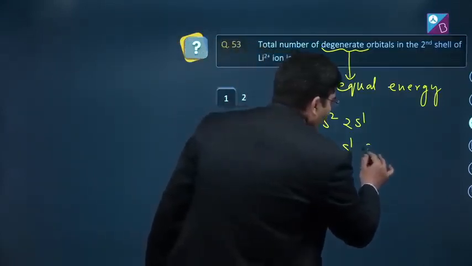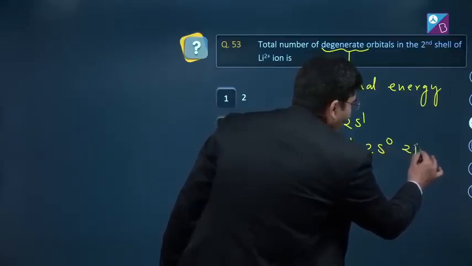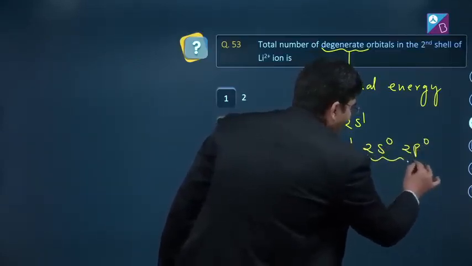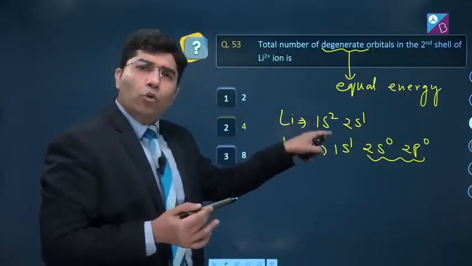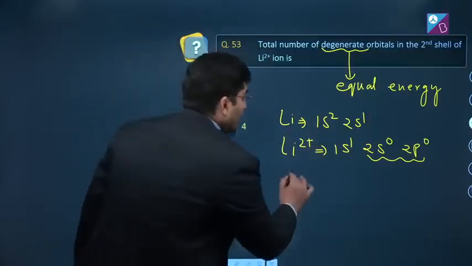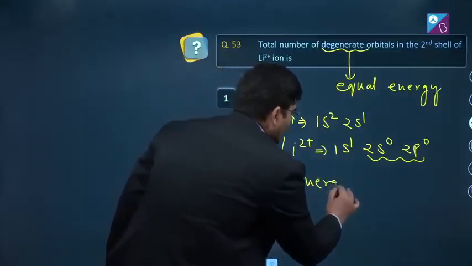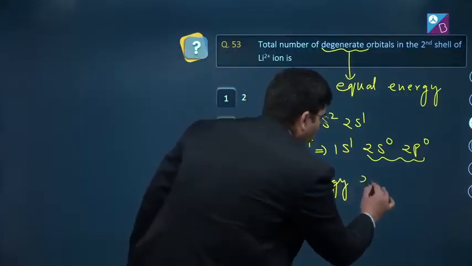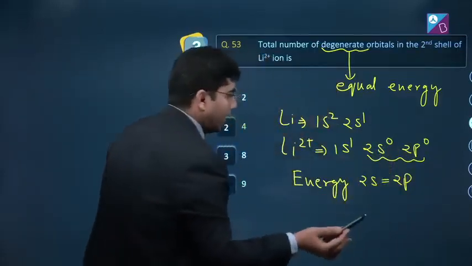We will write over here 2s0 and 2p0, and in the second shell there is a 2s subshell, a 2p subshell, and the energy of 2s will be equal to 2p, correct?